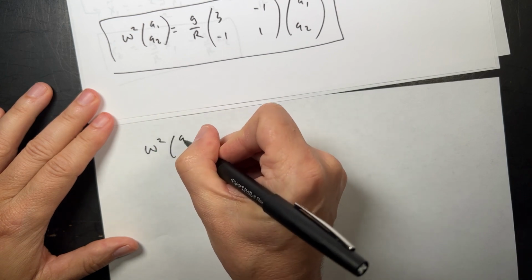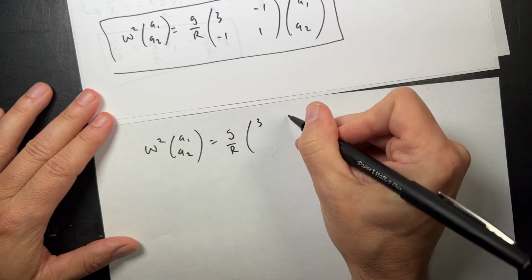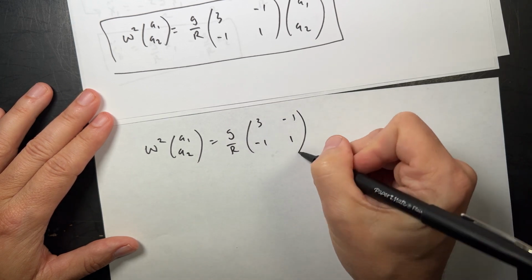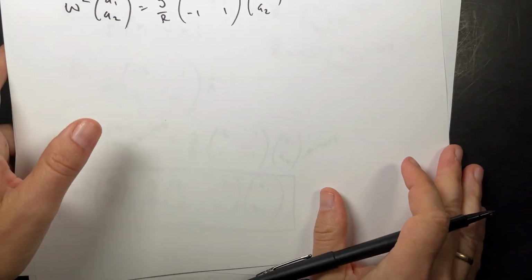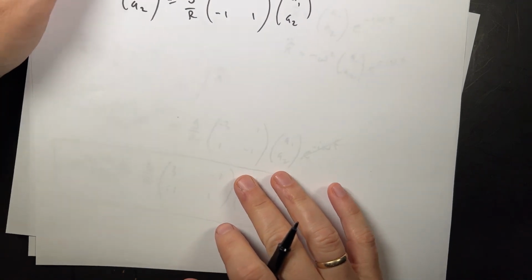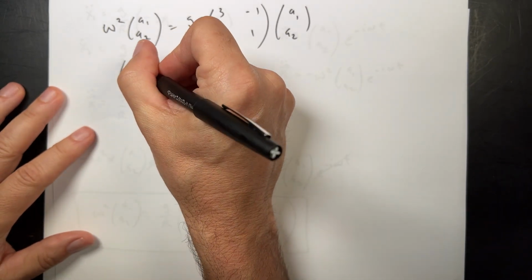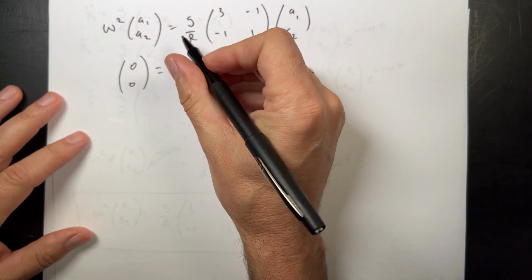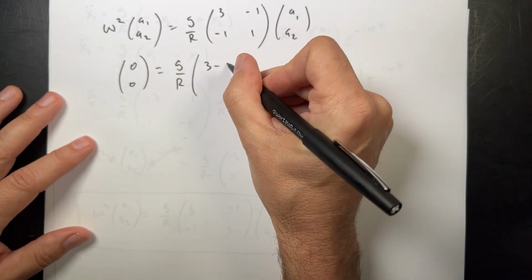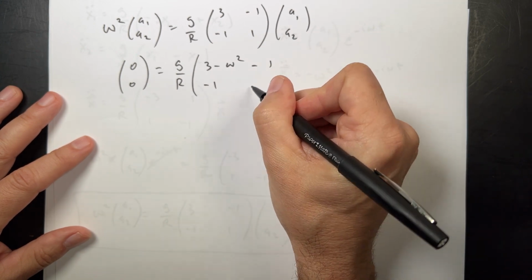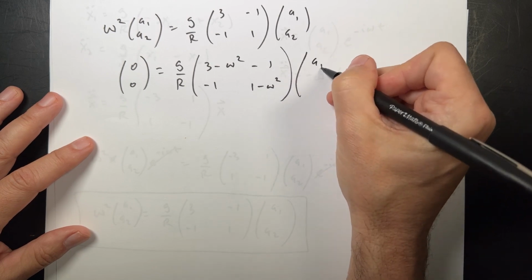Omega squared a1, a2 equals g over r times the matrix 3, minus 1, minus 1, 1, times a1, a2. Okay, so then I can subtract this vector from both sides after multiplying by the identity matrix, and you actually get 0, 0 equals g over r times the matrix 3 minus omega squared, minus 1, minus 1, 1 minus omega squared, times a1, a2.